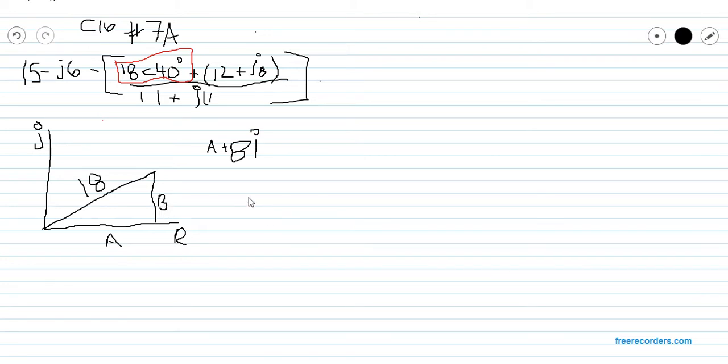From Pythagoras' theorem and a little bit of trig, we know that a will equal 18 times the cosine of 40, which is our angle, and b is equal to 18 sine of 40.